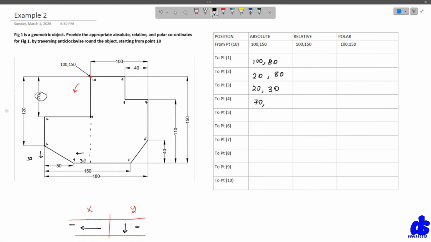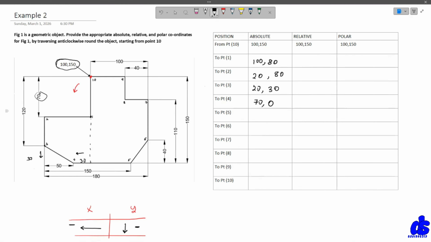So that's going to be 150 minus 150. That's going to be 0. So this point is 0. Mind you, because it's the absolute, we are taking all the points relative to this point. So whether we are moving up or down or left or right, we are taking it relative to this point.